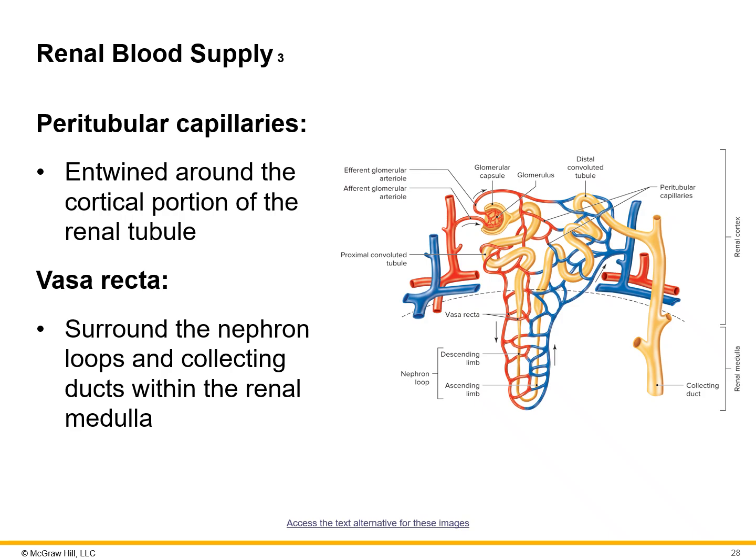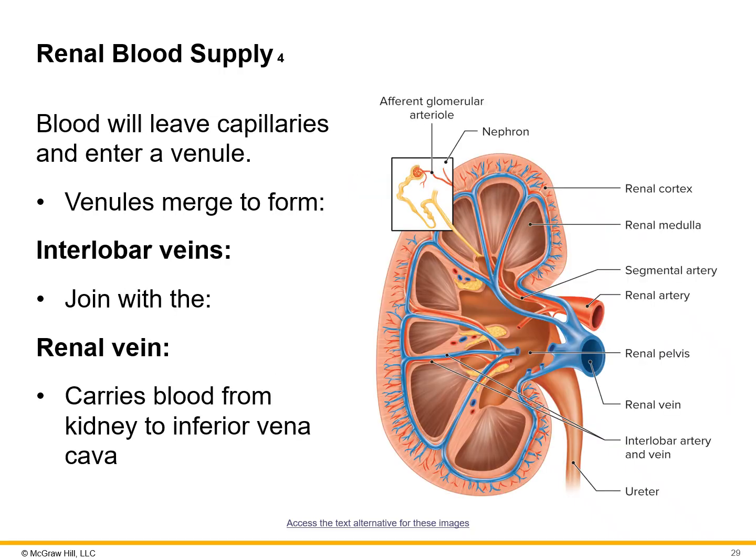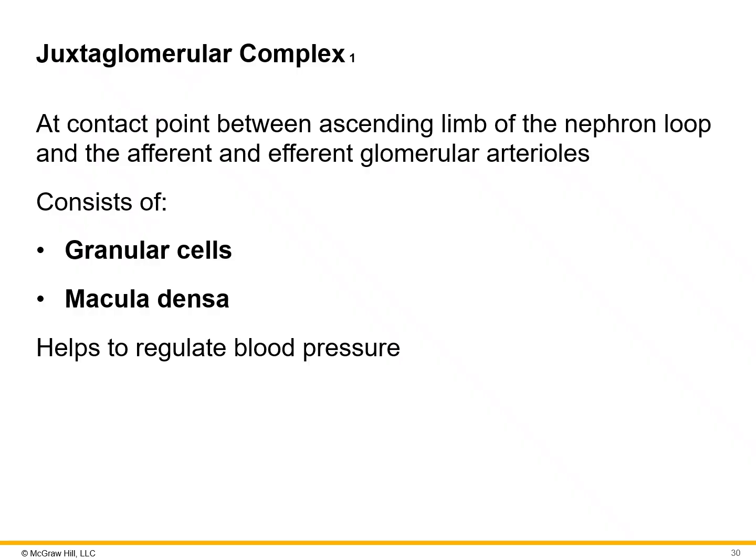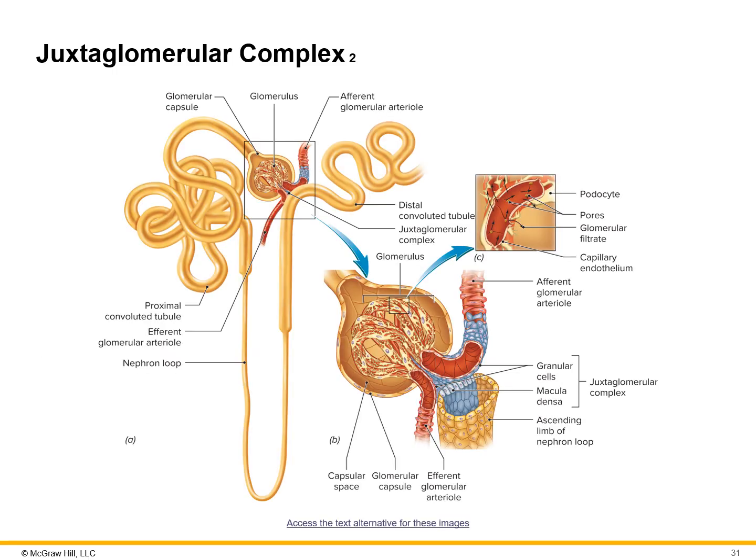Okay, so we just talked about the vasa recta. That does surround the nephron loops and the collecting ducts within the renal medulla. Like I told you before, think of it as kind of like a little cover, so to speak. Okay, let's go to 31. Okay, so we're still talking about that juxtaglomerular complex.